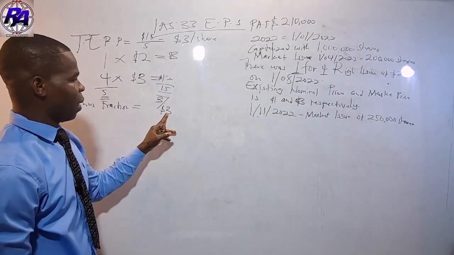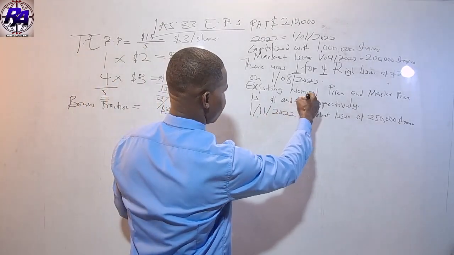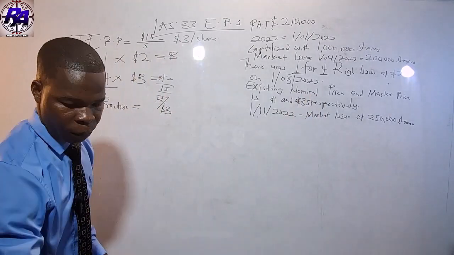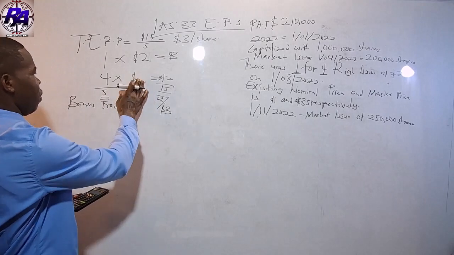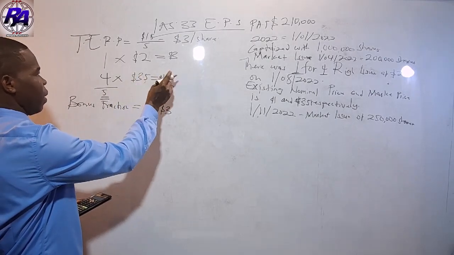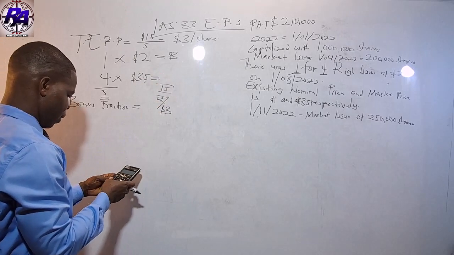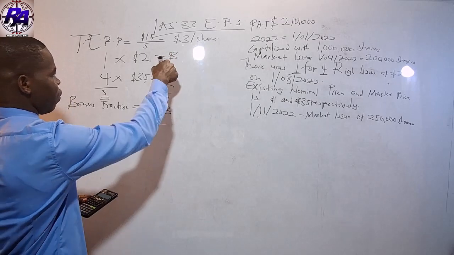So let's have a fraction. Let me change the existing price to, let's say, 3.5, so that we can get a fraction here. 4 times 3.5 gives us 14.